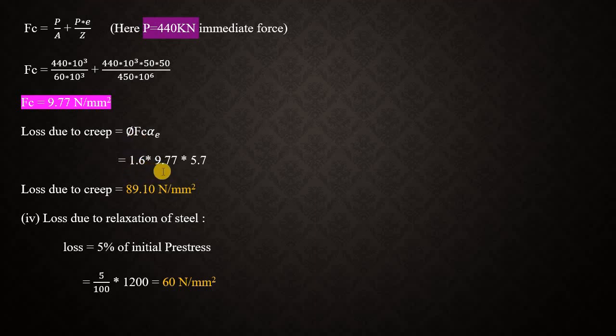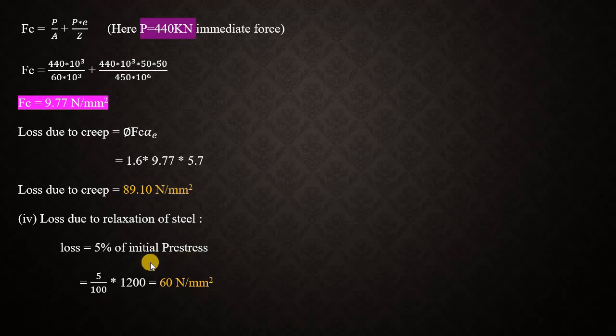So phi is 1.6 into 9.77 into alpha E, which is calculated by the formula Es by Ec, 5.7. The loss due to creep is 89.10 Newton per mm square. The loss due to relaxation of steel, see, this value keeps on changing according to the data given. In the question here they have given 5% as the relaxation of the steel. So 5% of initial pre-stress.